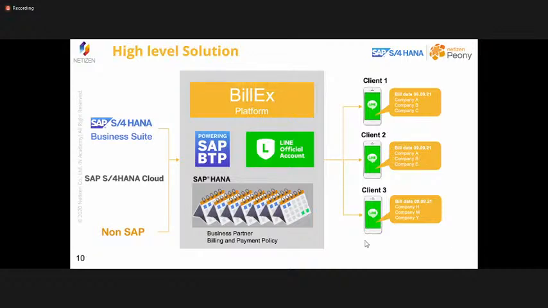We try to keep all the business partner billing and payment policies in the SAP HANA database, which can hold millions of customers or business partners in our system. And we're going to use SAP BTP to manage the schedule and how we pull all the information from the billing and payment policy, and use LINE.